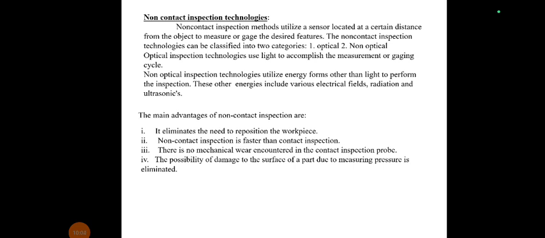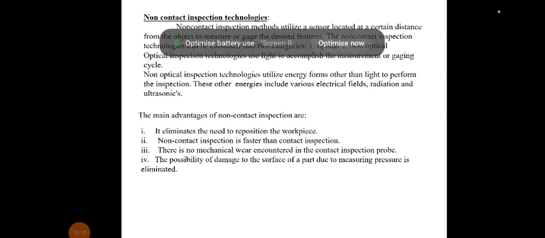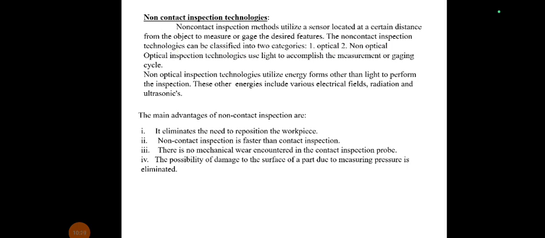Next one, non-contact inspection. What is the non-contact inspection? The non-contact inspection method utilizes a sensor located at a certain distance from the object to measure or gauge the desired features. The non-contact inspection technique can be classified into two categories.